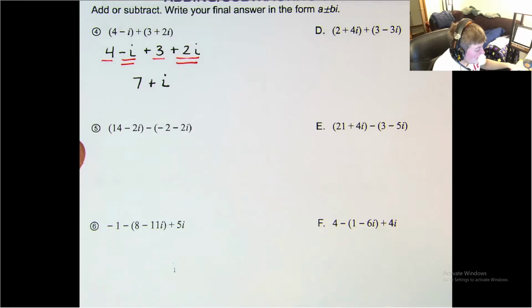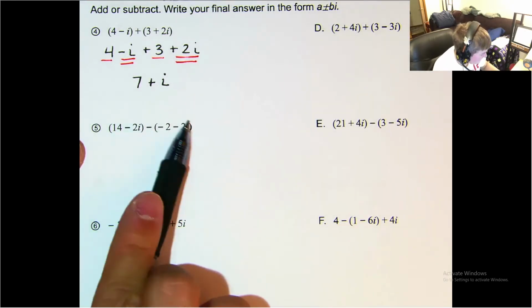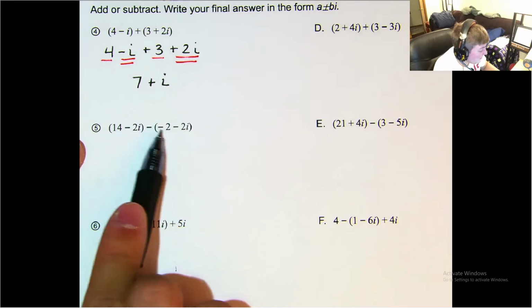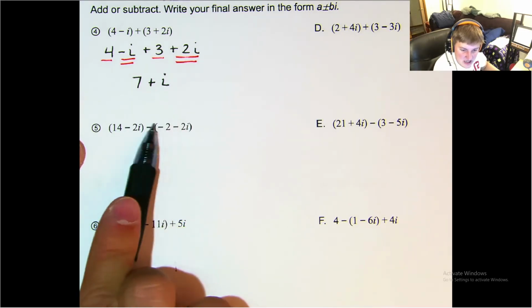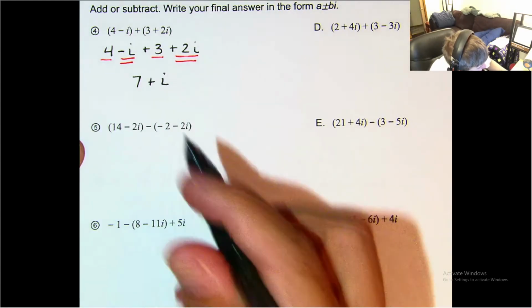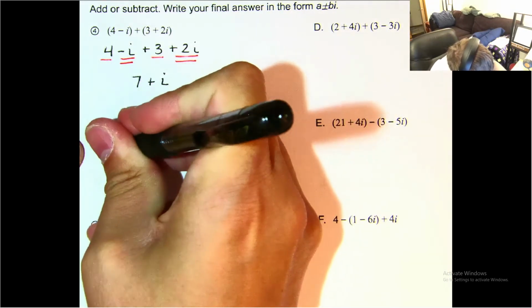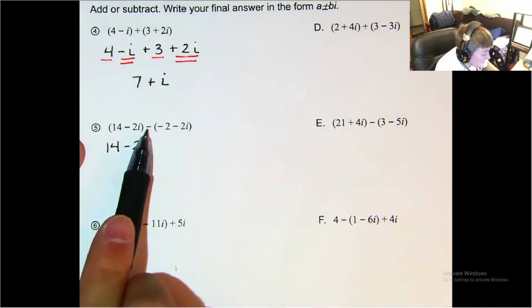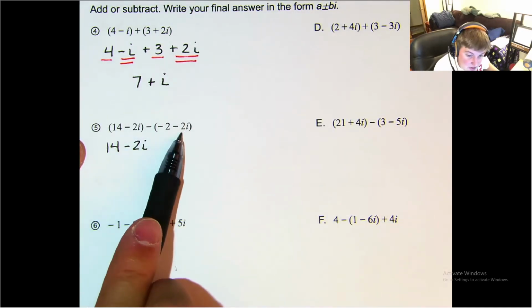Okay, again, you have to be careful about the order in which we're subtracting this entire number here. We're subtracting the entire negative 2 minus 2i. So I do need to do some work to drop my parentheses. Now the first set I can just bring down. There's not really much happening to it, but I am subtracting all parts of this complex number.